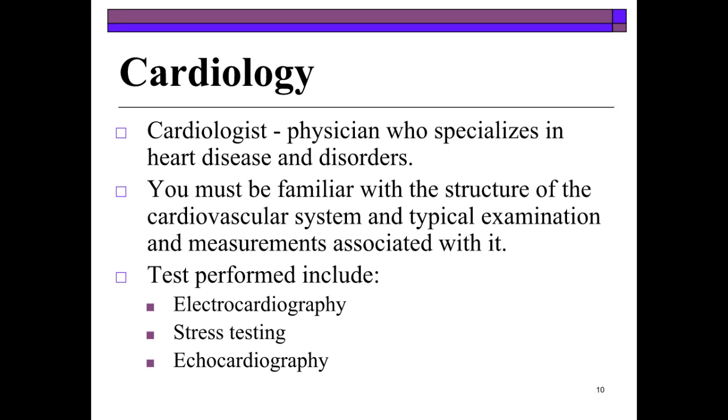Stress testing can be done in two ways. Remember that stress testing can be done in two ways. It can be mechanical, where you walk on a treadmill and you're given, first they take an x-ray or some images of the heart at rest. Then they give you a chemical, and you sit and wait for about 30 minutes. It's a nuclear medication.